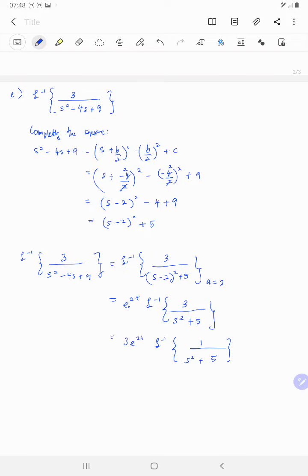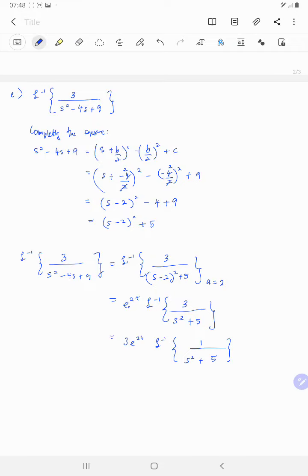Now Laplace inverse of 1 over s squared plus 5. So you look at the denominator, what do you think? Since it is s squared plus a constant and the upper is a constant, it must be sine.